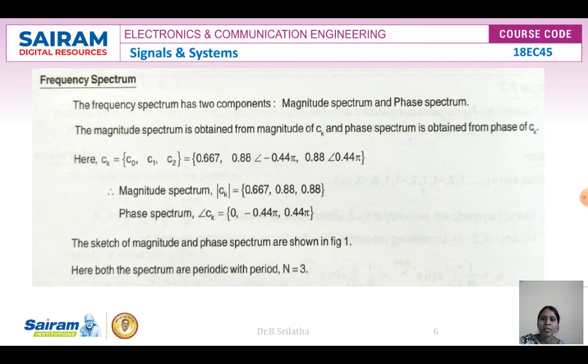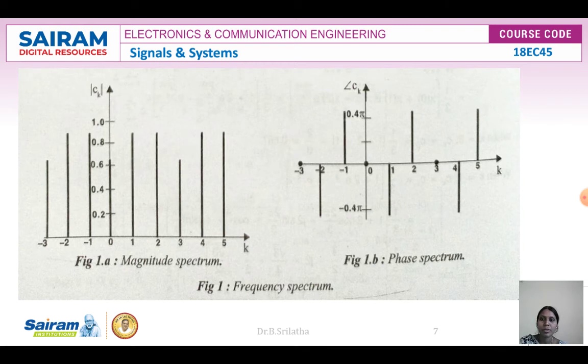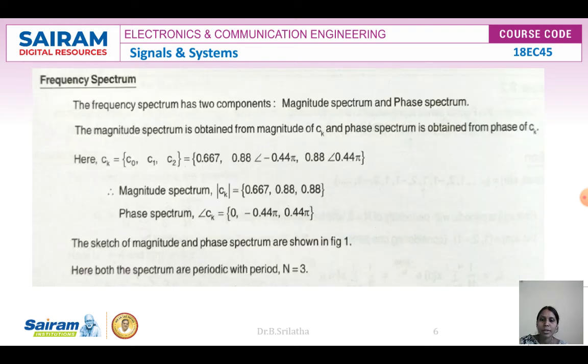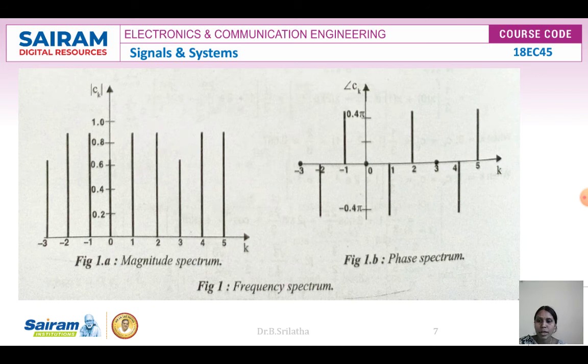If you want to sketch the magnitude and phase spectrums, first, both spectrums are periodic with period N equal to 3. So now I am going to draw this. For the magnitude spectrum, the values are 0.667, 0.88, 0.88, for n equal to 0, n equal to 1, n equal to 2.